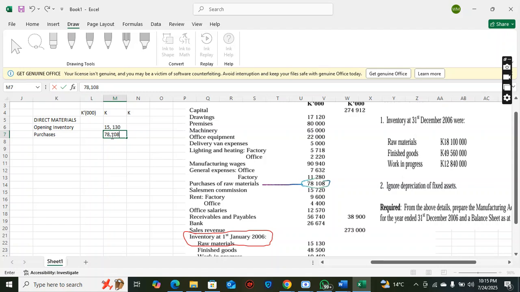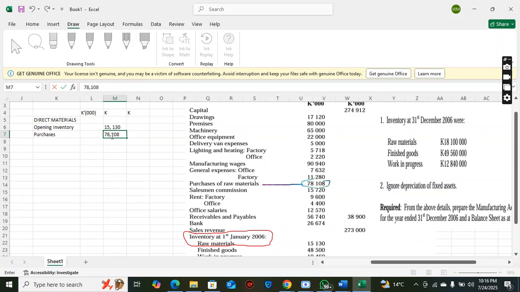So colleagues, if there was carriage inwards for the raw materials, this is the delivery expense we incurred to bring the raw materials to the factory, you would add it to purchases. Then, if any raw materials were returned to the supplier, returned outwards, you would deduct from the purchases plus carriage inwards.